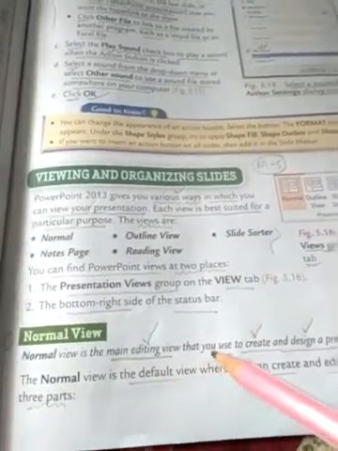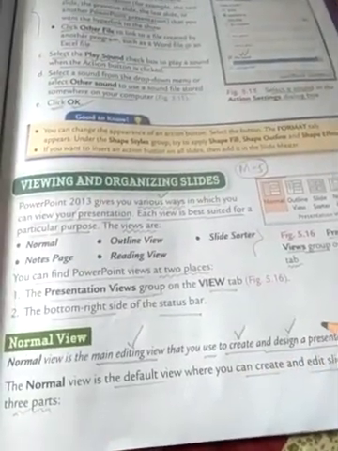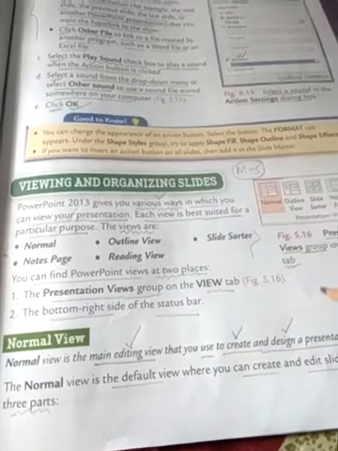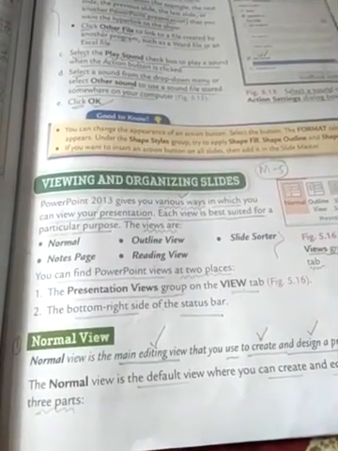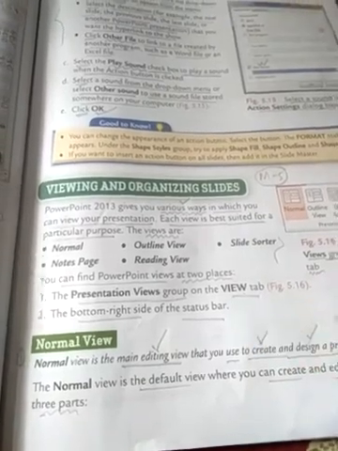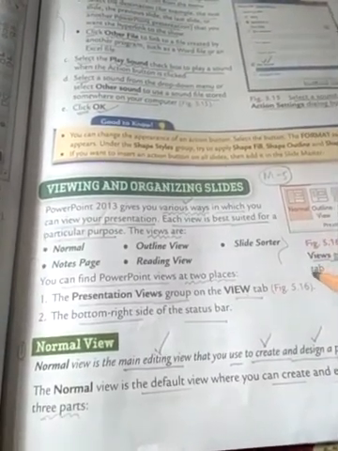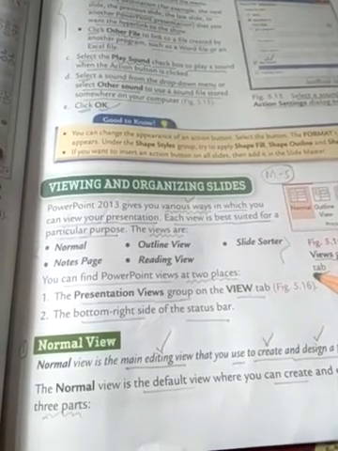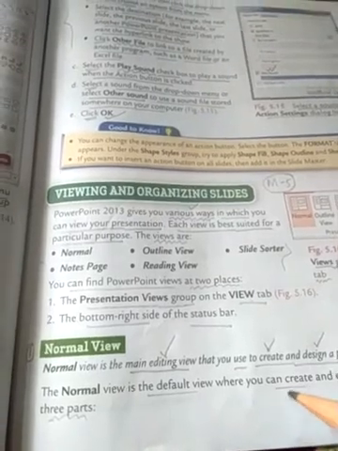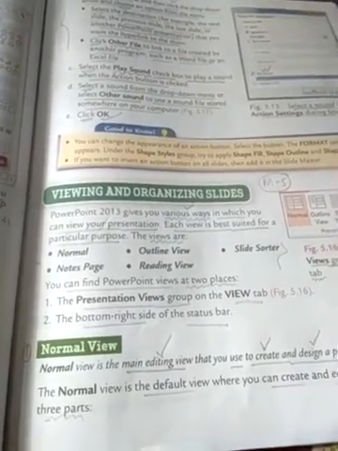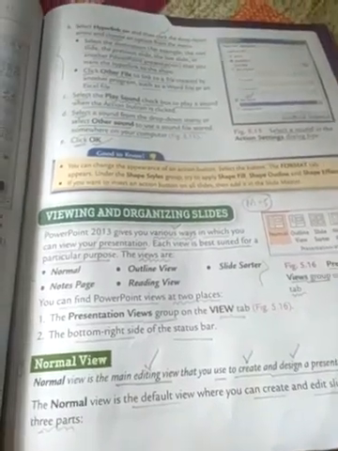And by using this normal view, we can easily create and design the slides of the PowerPoint presentation. I repeat, what is the meaning of normal view? It is the view of editing. This is the main editing view, which is used to create and design the slides of the PowerPoint presentation.